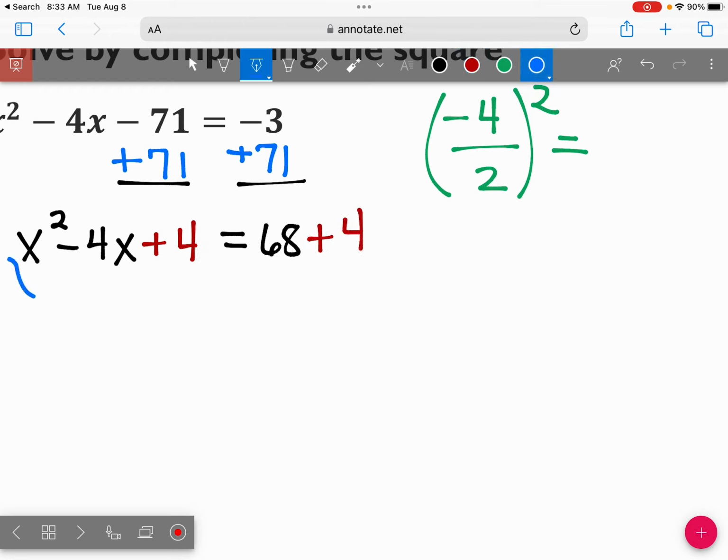Okay, this is going to factor down to a perfect square. This is always going to factor down to something squared. So don't say it out loud. See if you can figure out what that factors down to squared. You need 2 numbers that multiply to be a positive 4 but add to a negative 4. So don't say it out loud. Give everybody a chance to think it through.